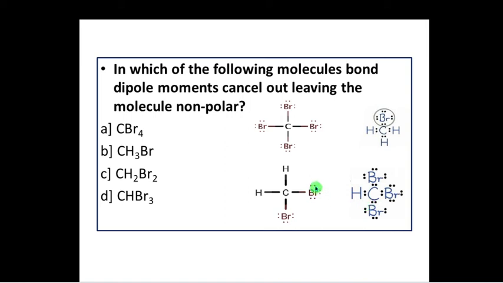Among these options, one can easily point out the electronegativity comparison of carbon and bromine. Because bromine is more electronegative, it attracts the electrons towards itself. So in the 4 different positions, the bromines attract the electrons towards themselves, leaving this compound non-polar, unlike the others.